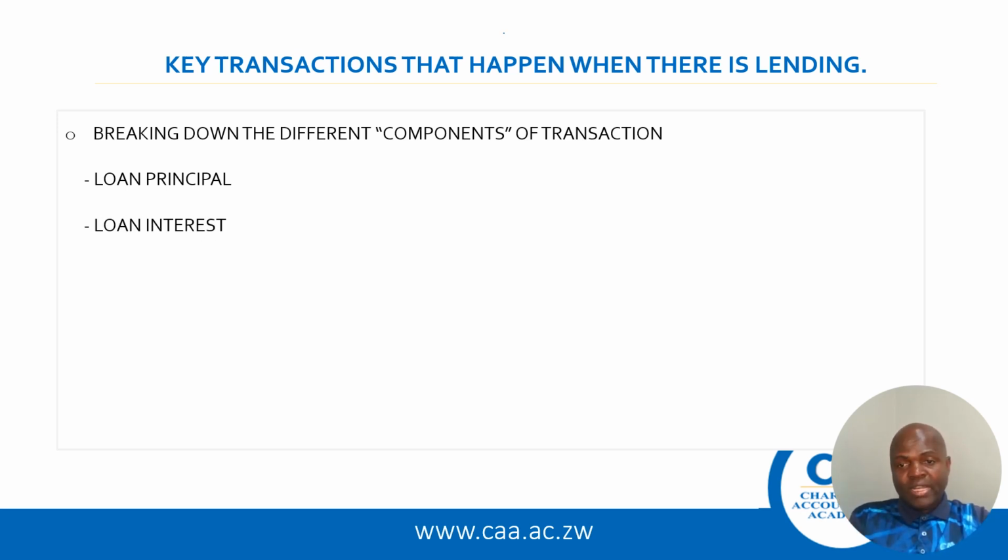And then that loan, from the date of passing it on to the borrower, interest begins to accrue on every amount or balance of the loan principal outstanding. For as long as there is passage of time, interest is accruing.